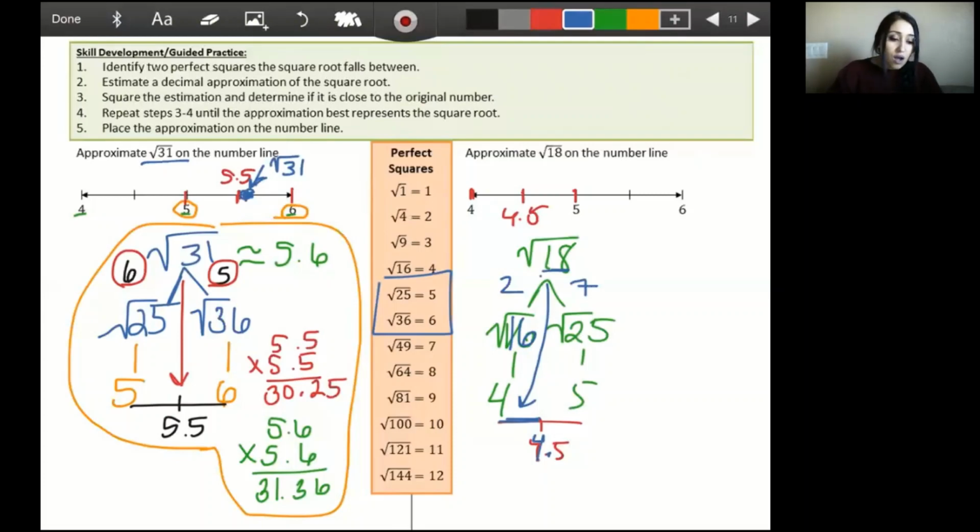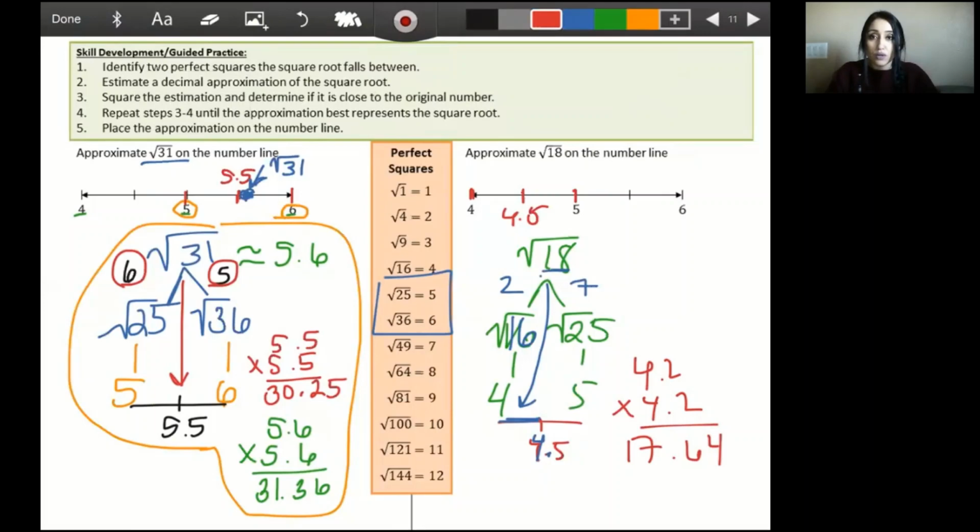So I'm going to start off with 4.2. 4.2 times 4.2 leaves me with 17.64. I'm going to try to see if I can get closer to the whole number inside the square root sign, which would be 18.